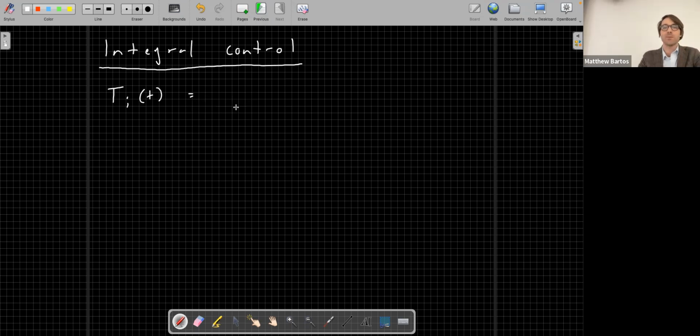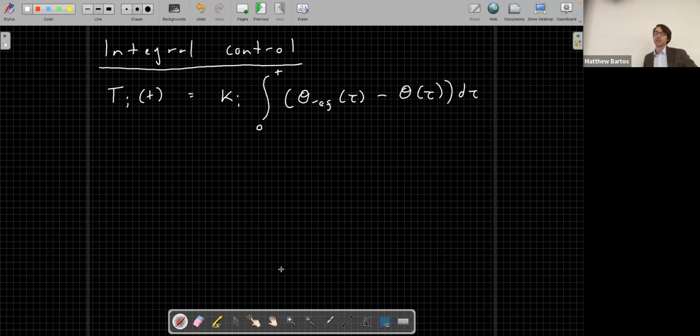It's going to be equal to some constant Ki times the integral from 0 to t of theta ref of tau minus theta of tau d tau. And in the frequency domain, what will this become? First of all, what will this expression become in the frequency domain? This is relevant to homework 3.